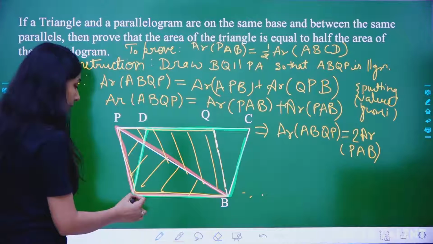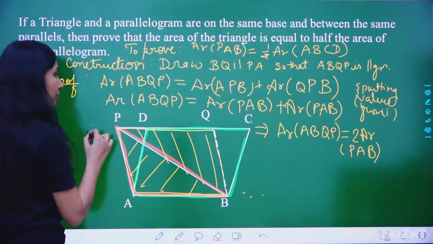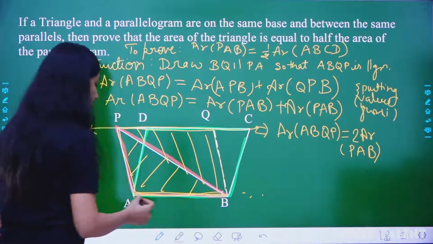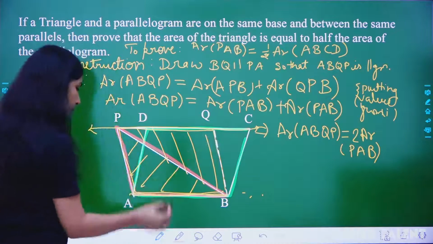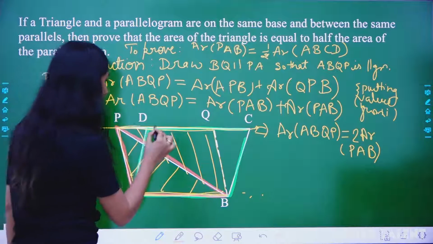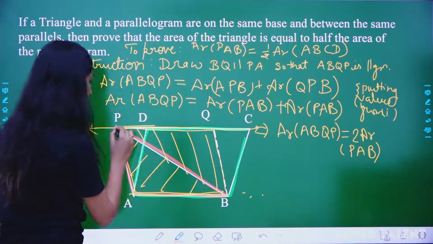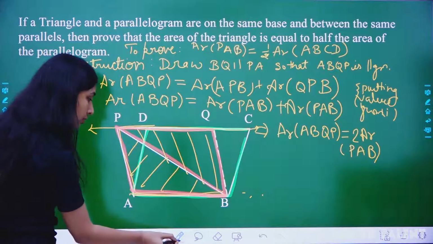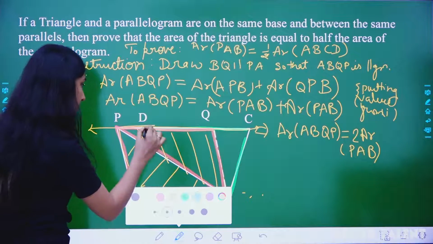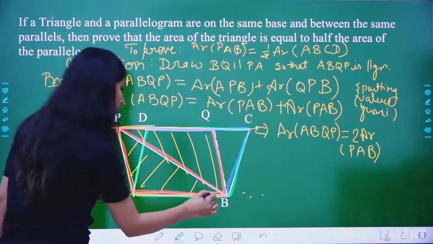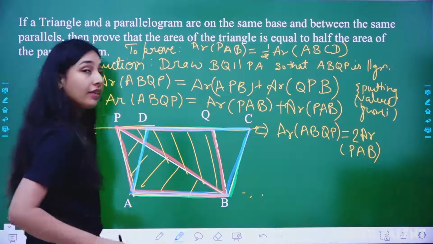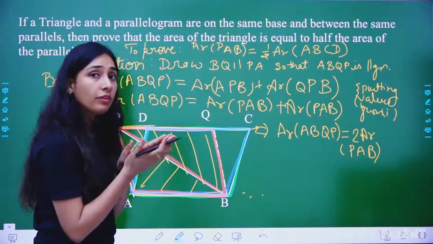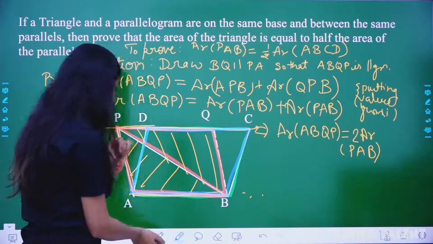Now we are having this AB parallel to this PC, right? And we are having this base AB for this parallelogram ABQP. Have a look here again. ABQP, and also this is the same base for the parallelogram ABCD. So again we'll be having the same base, and between the same parallels the parallelograms will be of equal area. Okay, so we are going to use that.